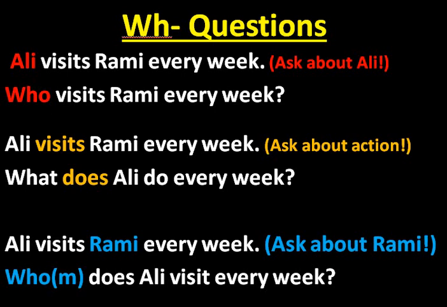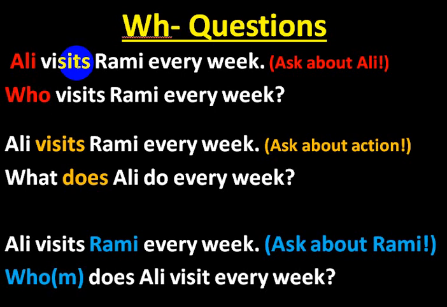Usually, if you want to make a question, you have to use auxiliary verbs. But if you are asking about the subject and the verb is in its simple form, in this case you don't have to use any auxiliary verb. You directly say, who visits Rami every week? Here we have Ali the subject, and visits is the verb.